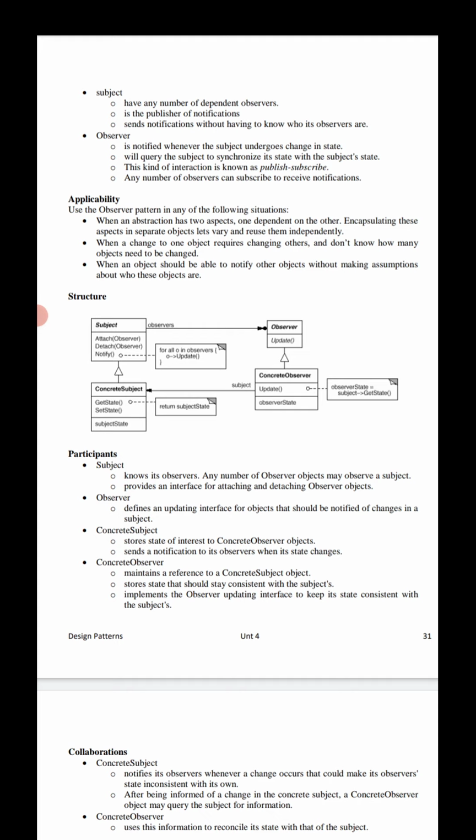Encapsulating these aspects in separate objects lets you vary and reuse them independently. Second, when a change to one object requires changing other objects, and you don't know how many objects need to be changed.